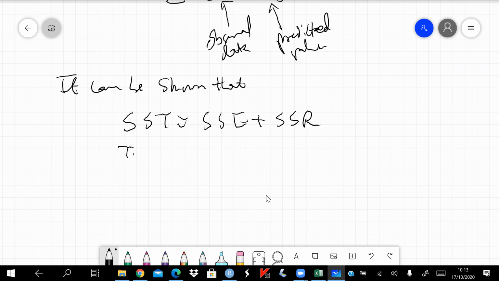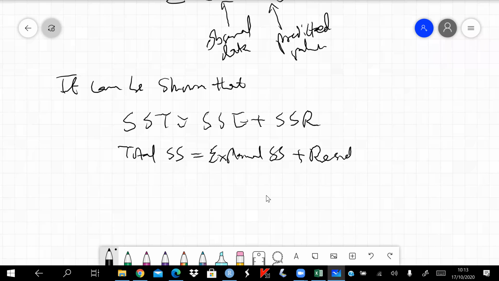That is, total sum of squares is equal to the explained sum of squares plus the residual sum of squares.